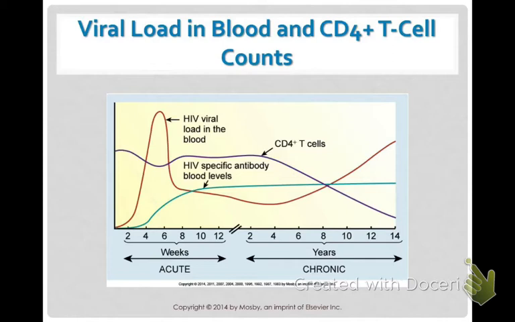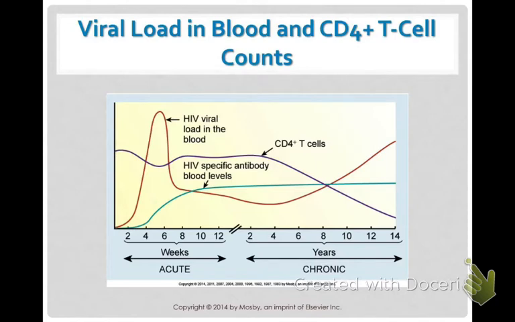Your CD4 T cells, also known as T helper cells, or CD4 T lymphocytes. Those are your helper cells. And you can see the purple is the CD4 cells. They usually dip down initially, and then they kind of plateau out.